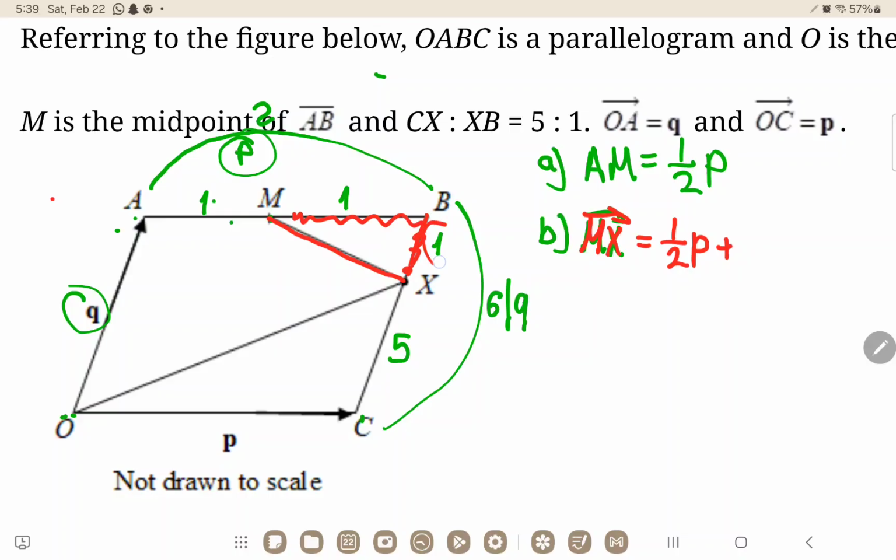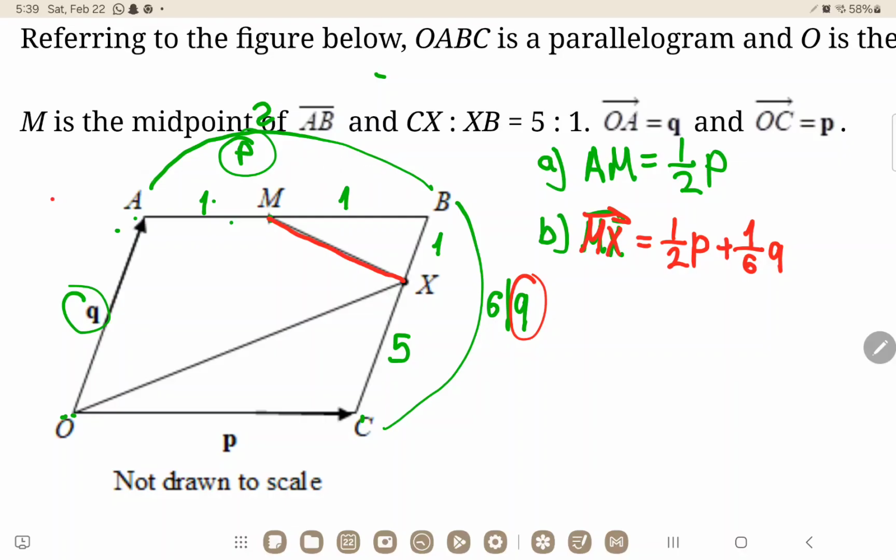We know this part is 1, 2, the whole thing, which is 6. And we know this is a sixth of vector Q. So it's a sixth of vector Q. That's what MX is. So you look at MB, which is a half of P, and BX, which is 1/6 of Q.